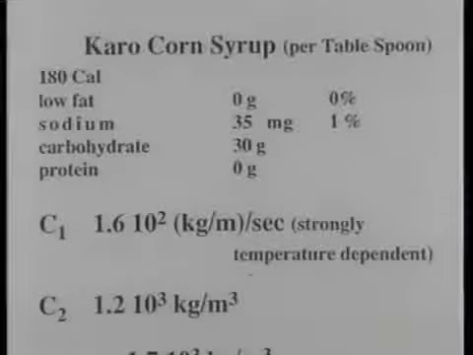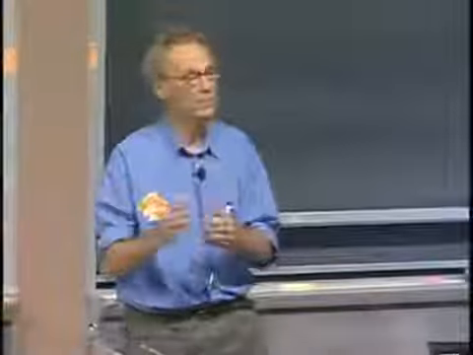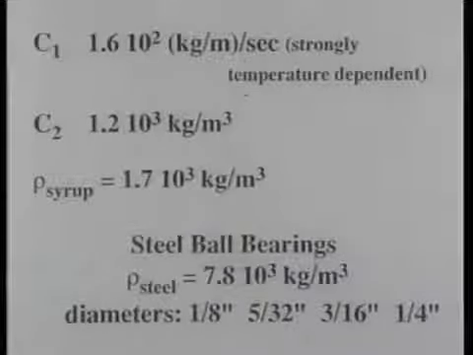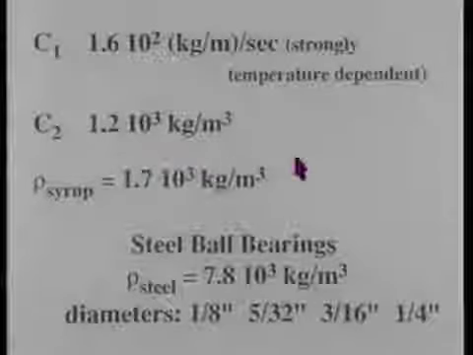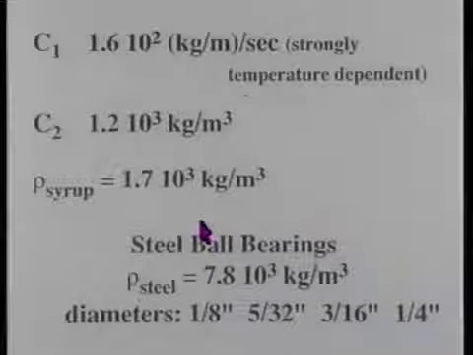I had to know C1, which I measured. In fact, the kind of demonstration you and I will be doing today, you can derive it, but it's very strongly temperature dependent. Could be different yesterday from today. I measured C2 to a reasonable accuracy. Notice that the density of the syrup, in terms of kilograms per cubic meter, is very close to C2.